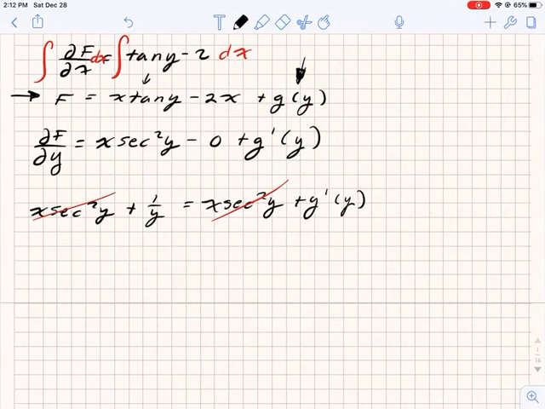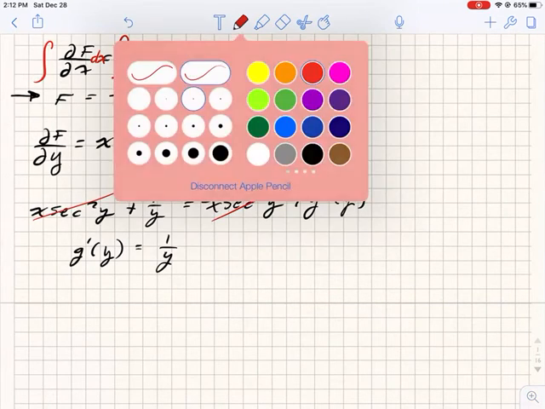This will cancel. Expect a lot of things to cancel as you're doing these. So we find that g prime of y is equal to 1 over y.